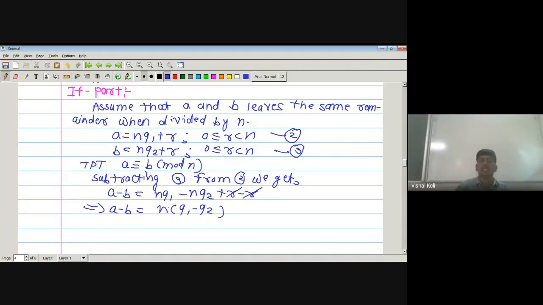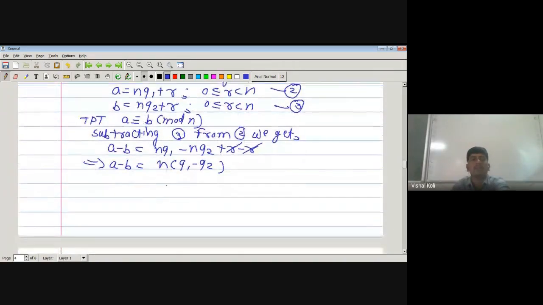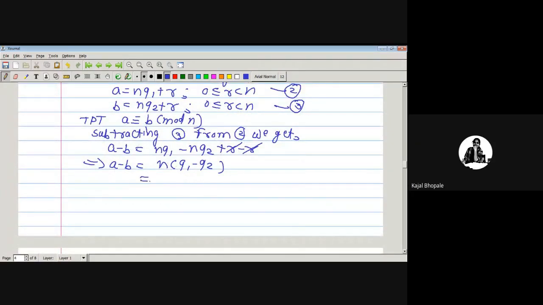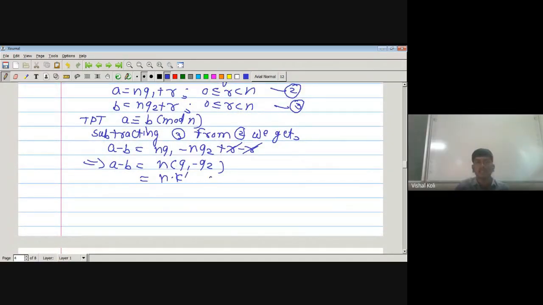Now here we have to use the definition of divisibility, as A minus B is a multiple of n, that is n into some k dash, where k dash is nothing but q1 minus q2. Therefore, A minus B is nothing but n into k dash. Then by the definition of divisibility, n divides A minus B. As n divides A minus B, by the definition of congruence, A is congruent to B modulo n.